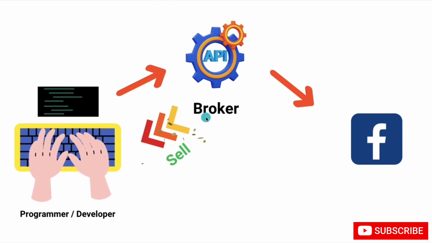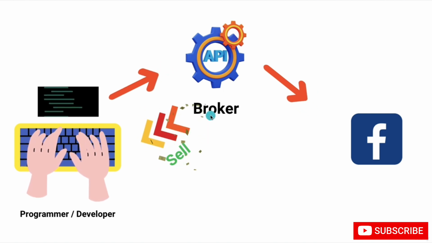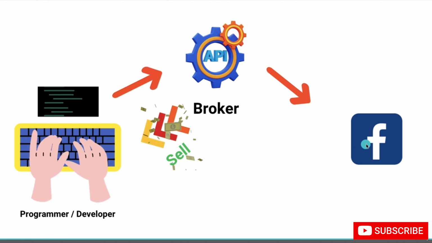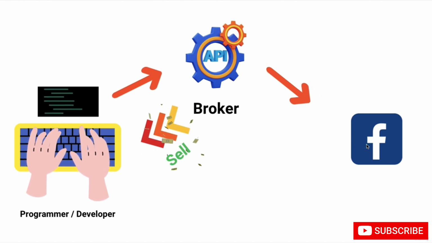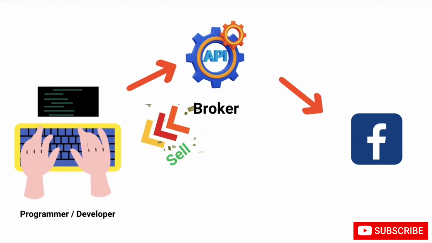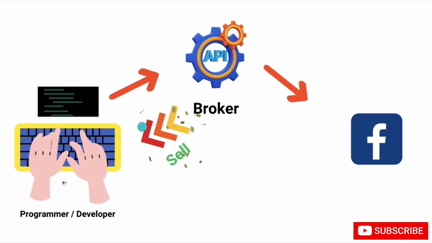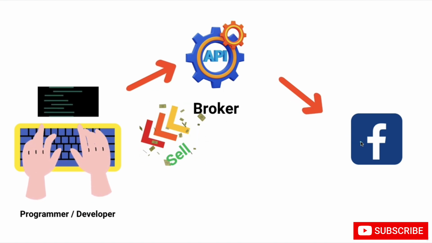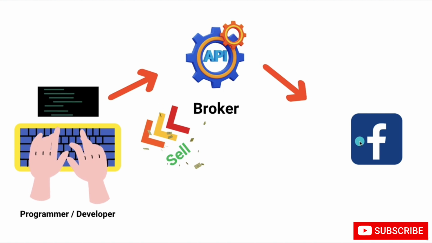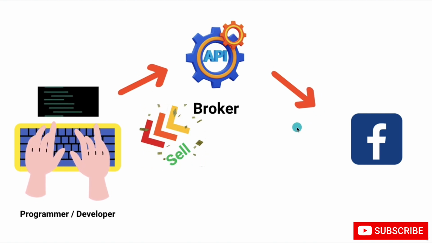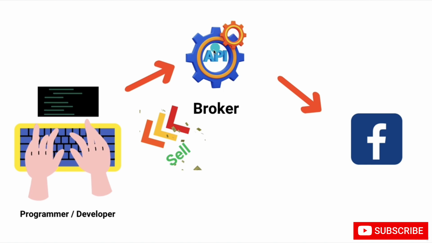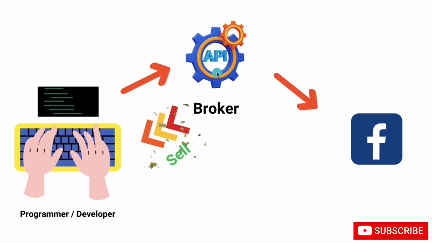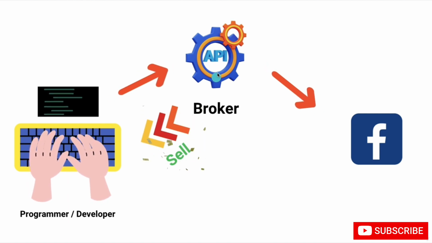API is like a broker that can help programmers or developers interact with different platforms, tools, or databases or anything. So the concept of this course is that we are going to be a broker, or a person who is going to create APIs.